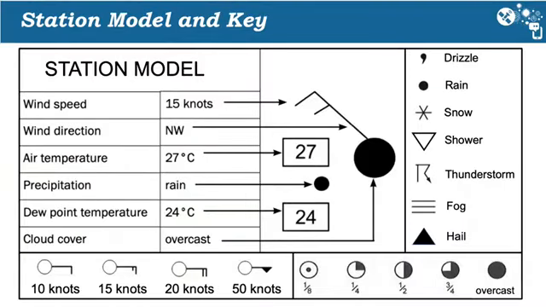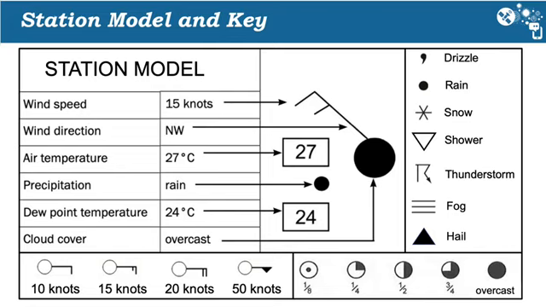Now, your teacher, your educator would by now have gone through the weather station model and the key. And if we just look at this quickly, we see that from the weather station model, we can get the wind speed from this particular one. I'll be looking at one in more detail after this, but from this particular one, I can see that the wind speed is 15 knots.